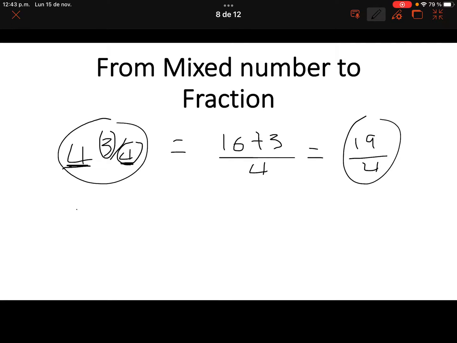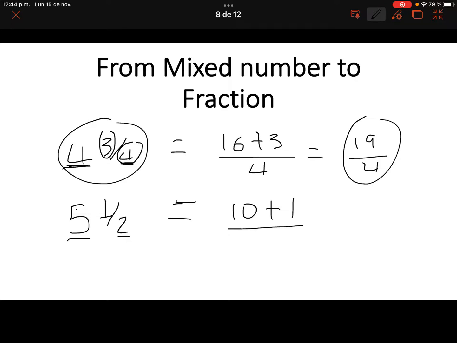One more example. For example, 5 and 1/2. Remember the strategy. We have to multiply the whole number, 5, times the denominator of the fraction part, 2. 5 times 2 is 10. And we have to add the numerator of the fraction part, in this case 1, plus 1.